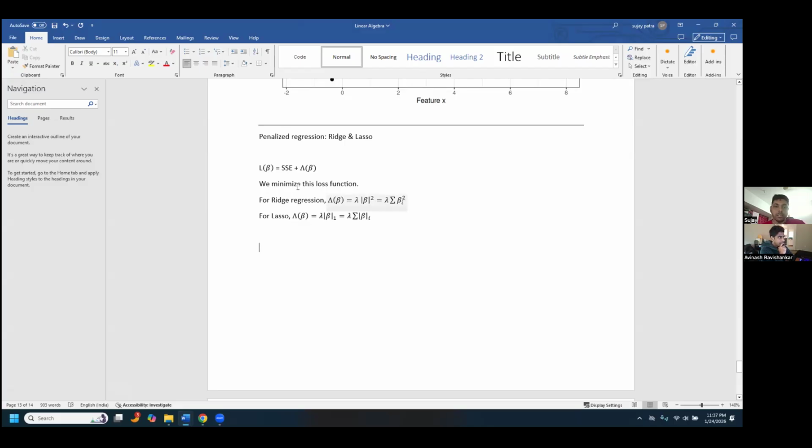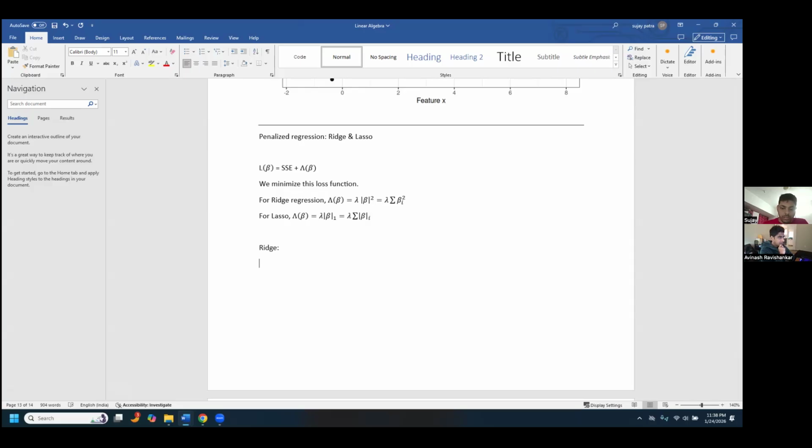One is that the ultimate beta you choose will depend on lambda, so choosing a good lambda is important. The hyperparameter really matters. So let's do the algebra for ridge first, and then we'll discuss lasso.